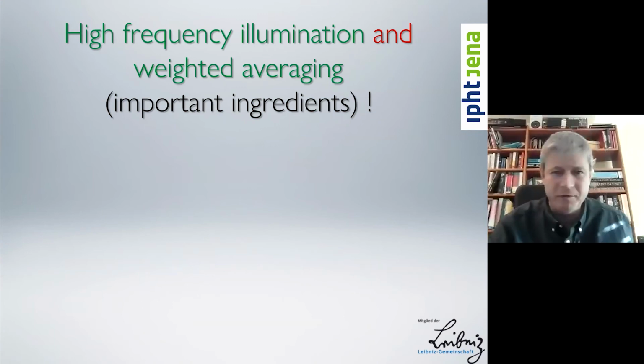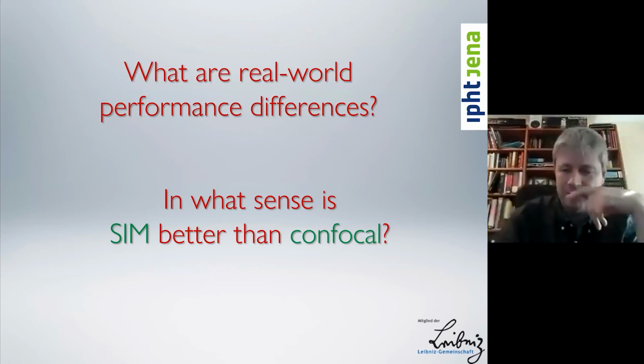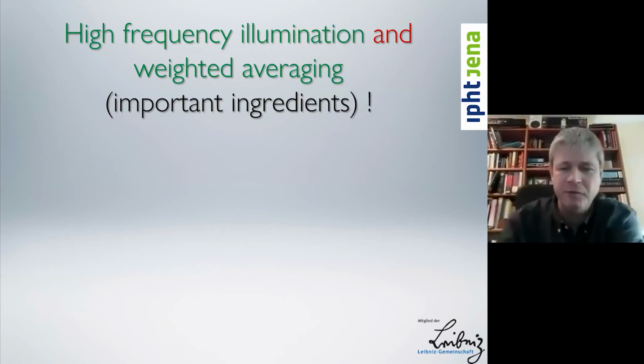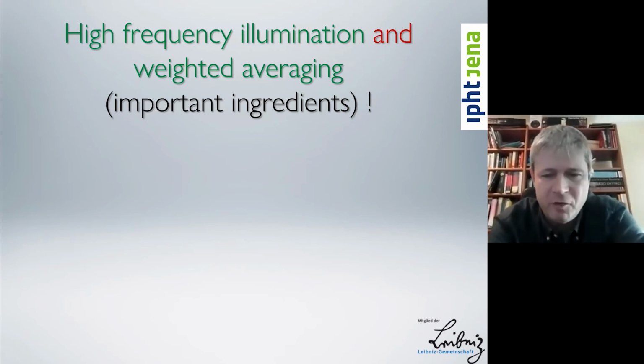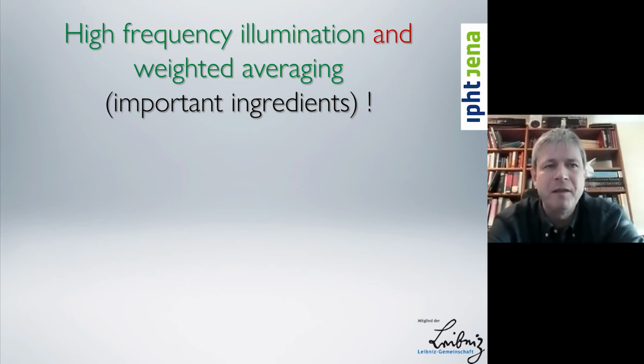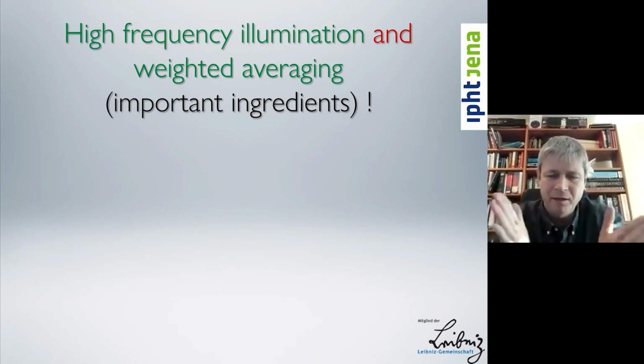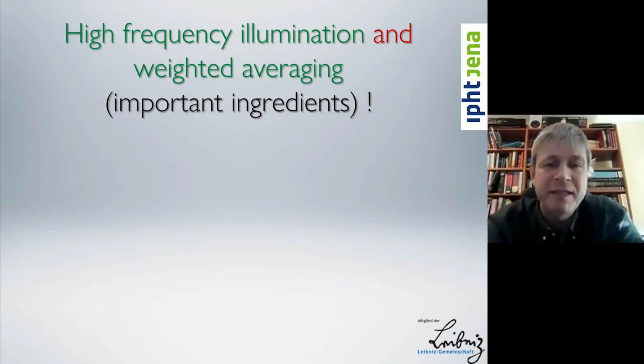No, sorry. First of all, what are the technical differences if you boil it down like this? For SIM, for structured illumination that is really geared towards high resolution, there are two essential tricks that you use. One trick is the high frequency illumination. That means you're trying to push the illumination grid to the highest possible frequency that you can.